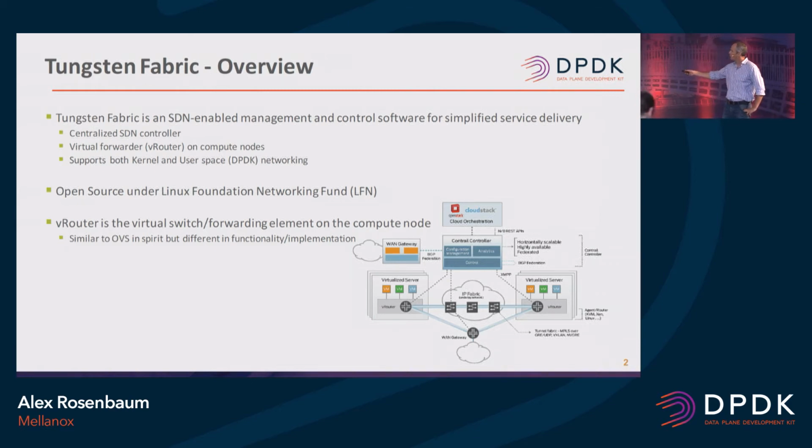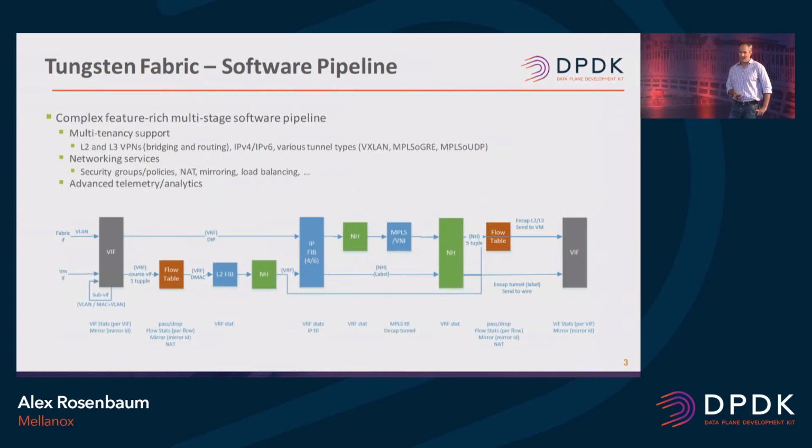I'm not going to go into all the details, and we could spend, I guess, a full day learning about Tungsten and how it's built. I wanted to show the traffic pipeline, which is complicated. It starts with a virtual interface that defines the virtual router function, and then multiple tables can be looked at depending on your tenant and the source of the traffic.